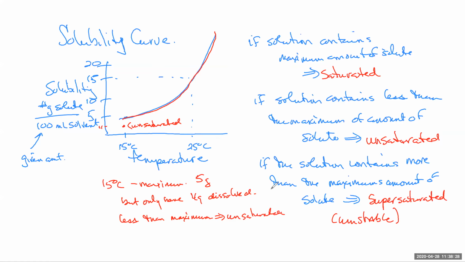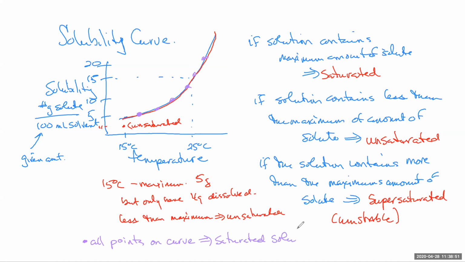If you happen to fall, let me see if I can get a different color. If you happen to fall directly on the curve, any of the points directly on the curve, that would be when you are saturated. All points on the curve represent a saturated solution.